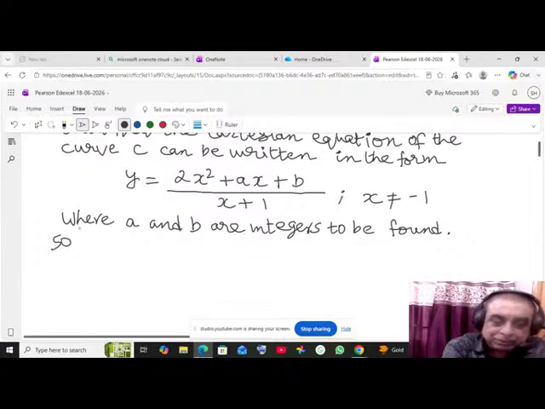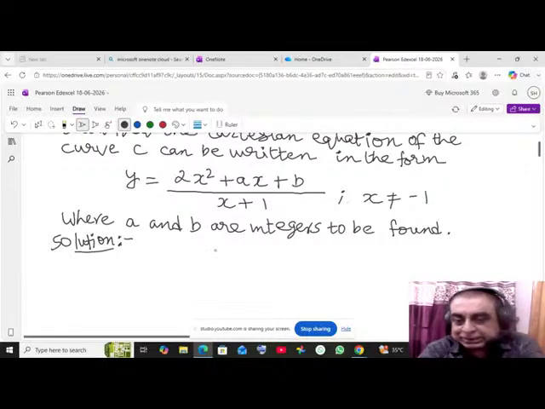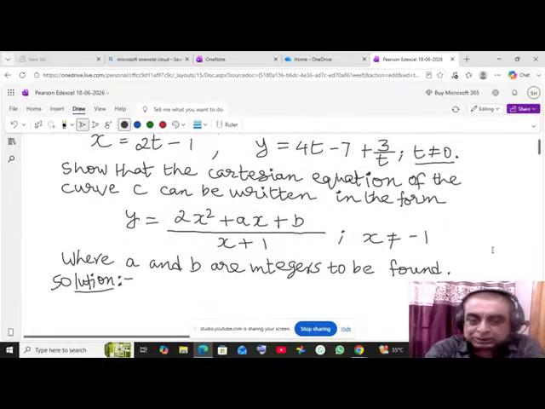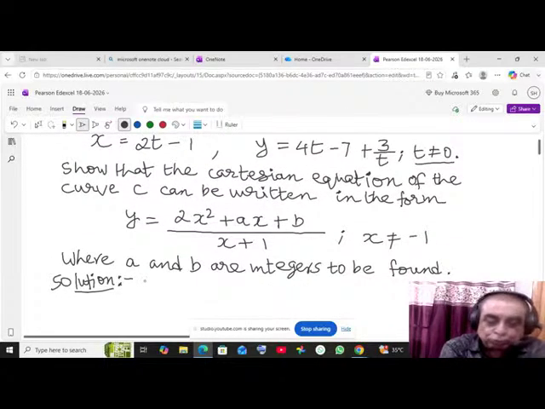See how I will be changing the parametric equations to the Cartesian form. So we will be eliminating t in both the equations. Here x is 2t minus 1 from the first equation.